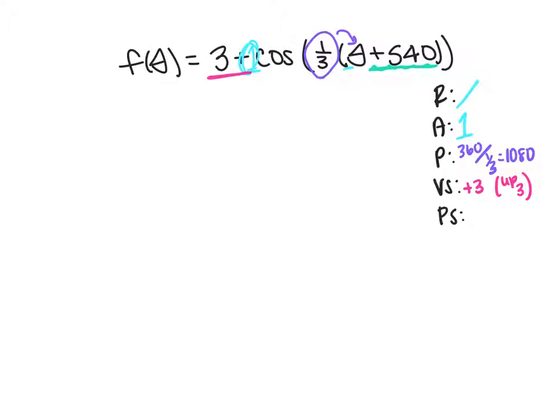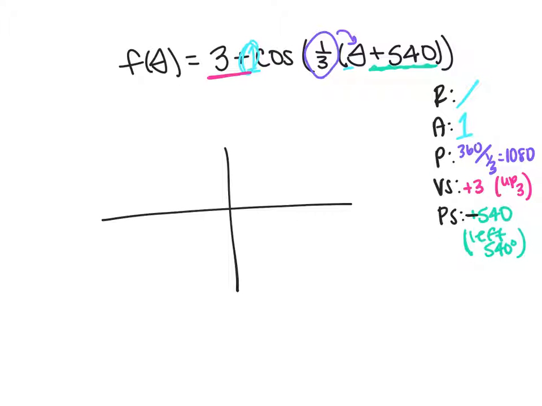It is just giving it to you in a form where you can take the phase shift directly out of the function. So phase shift, it says plus 540. Remember, for phase shift, you have to do the opposite. So if it's a plus 540, really that means we are moving negative 540, so left 540 degrees.